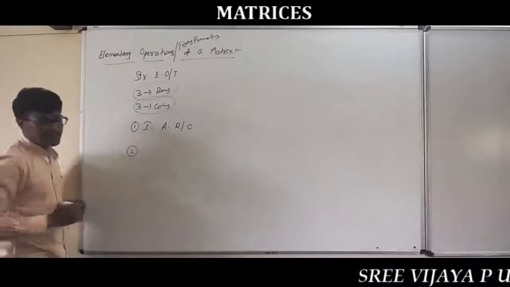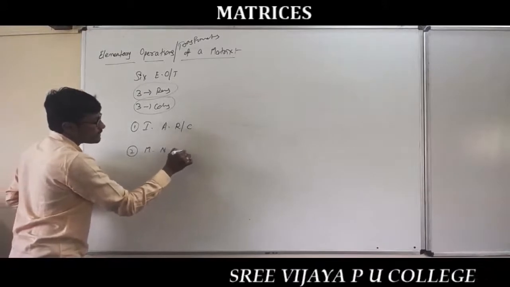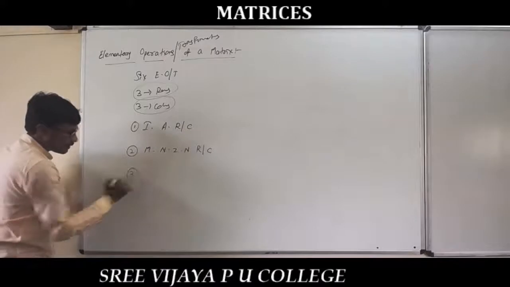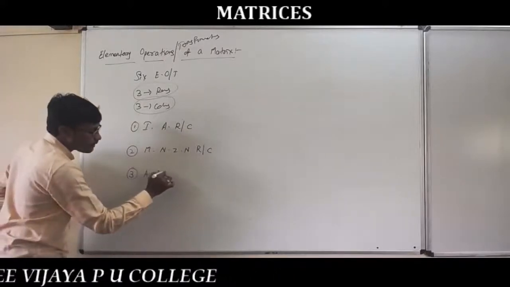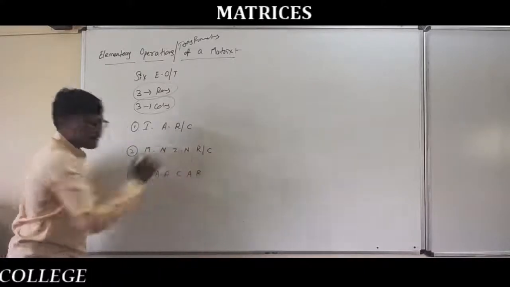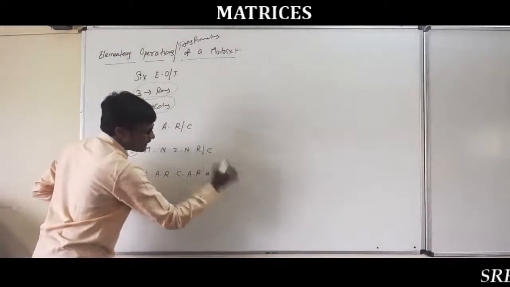The second is multiplying a row or column by a non-zero number. The third is addition of the elements of any row to the corresponding elements of any other row, multiplied by a non-zero number.